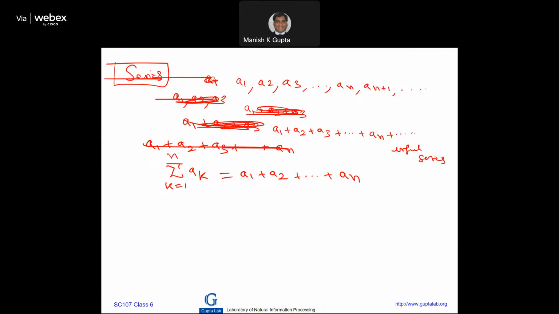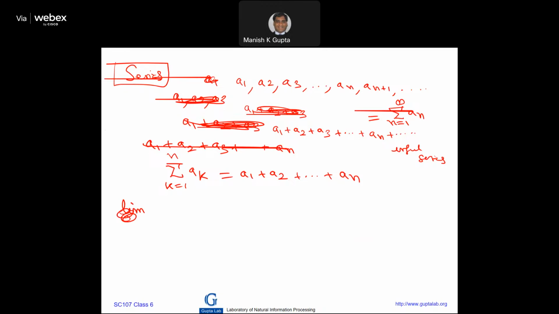In other words, we say that a series is convergent if the sum up to n terms... so this can also be written as summation n is equal to 1 to infinity an, right?